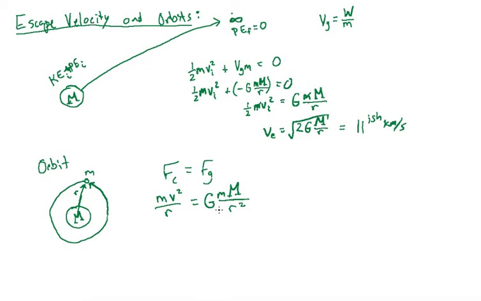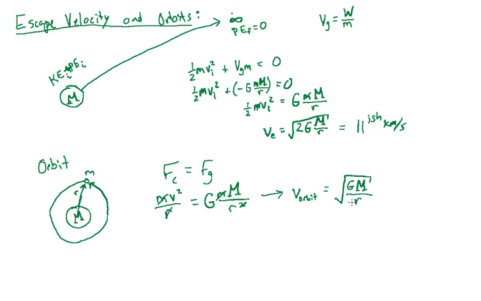Over r squared. From here, you can solve this for v. Multiply both sides by r to get rid of one of the r's, and divide both sides by the little m, so the mass of the actual orbiting object doesn't matter. Then you take the square root, and you end up with the orbital speed being simply the square root of G times the mass of your central object over r.